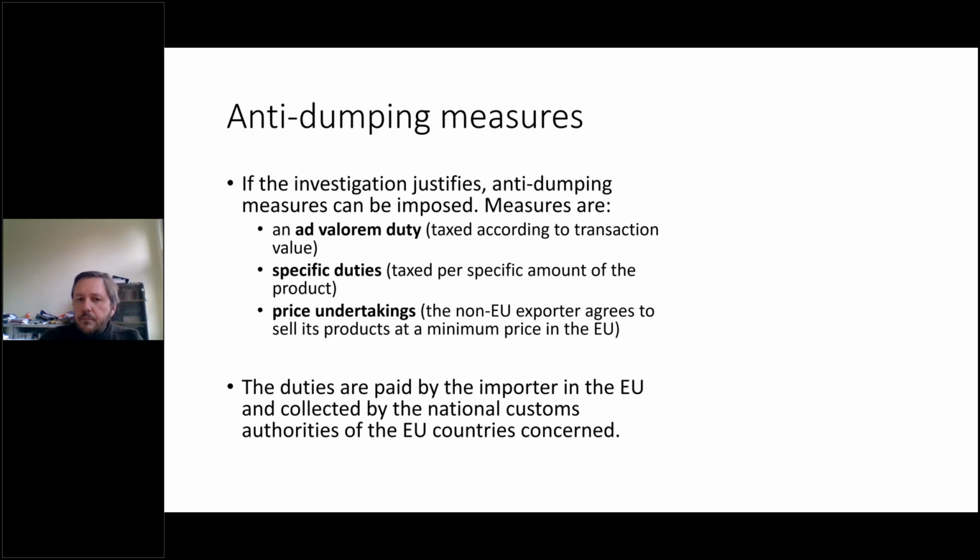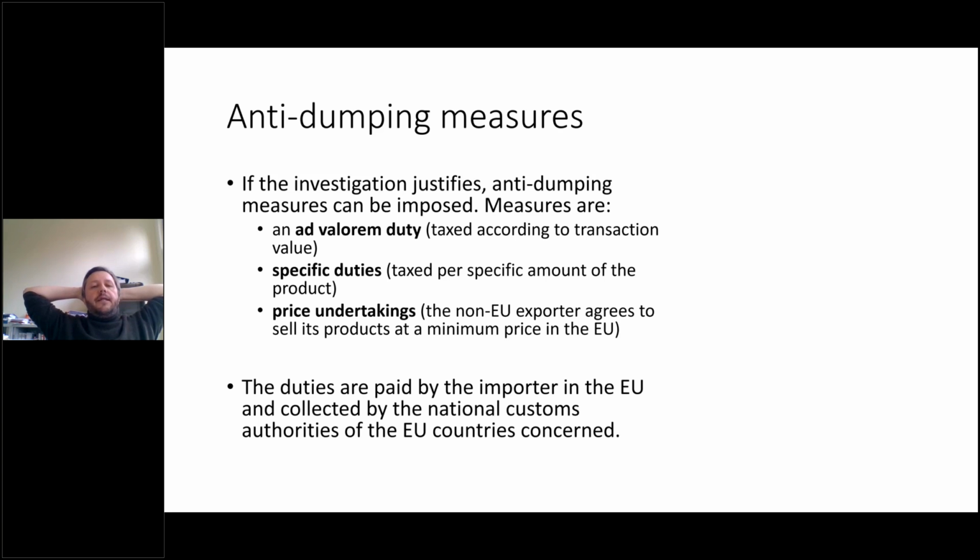And these anti-dumping measures can be different. You can have an additional duty, an ad valorem duty they call it, which is a proportional tariff on the value of the good. You can also have specific duties, which are fixed duties linked to certain amounts of products coming on a market.